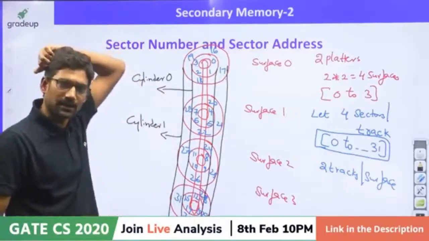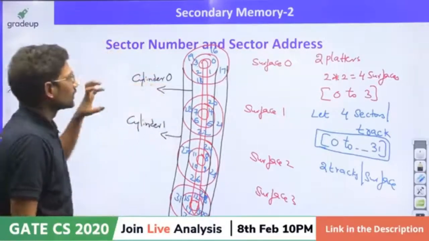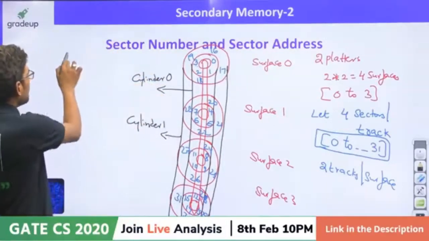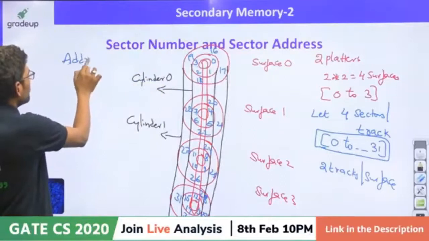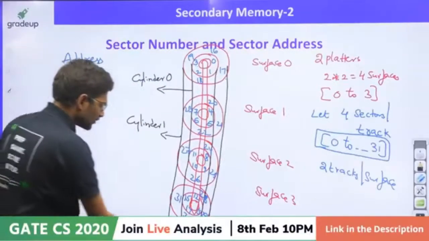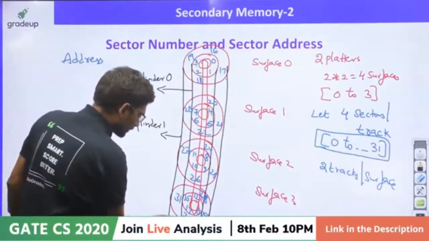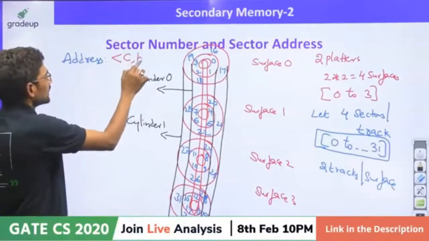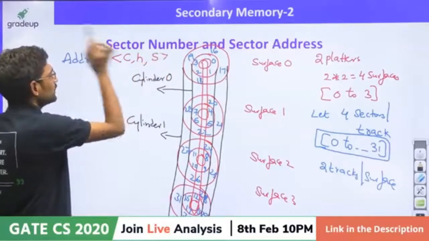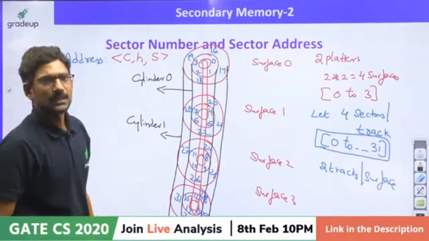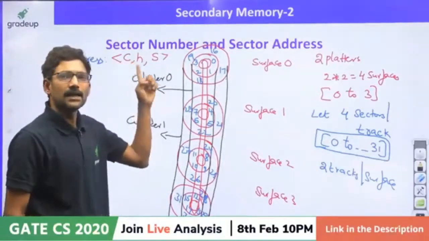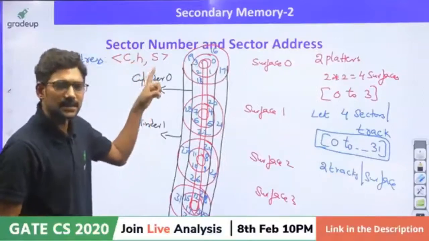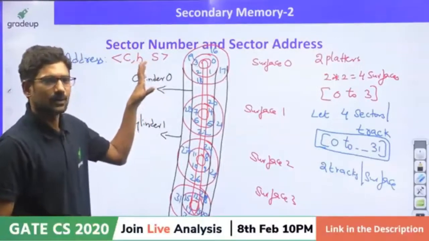So 0 to 31. Now, how would any sector address be? Any sector address will have 3 parameters: cylinder number, surface number, sector number. C is cylinder number, H is surface number, S is sector number.